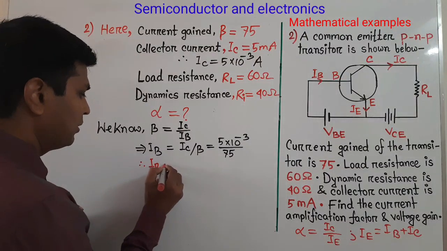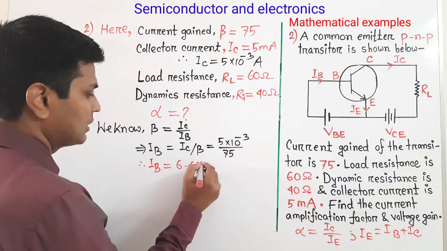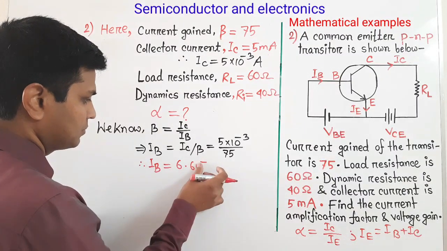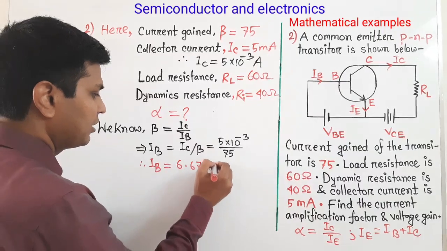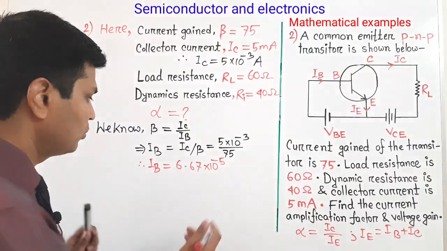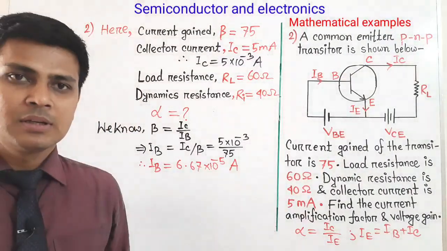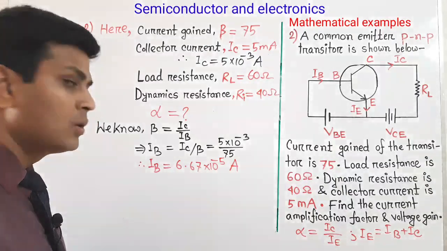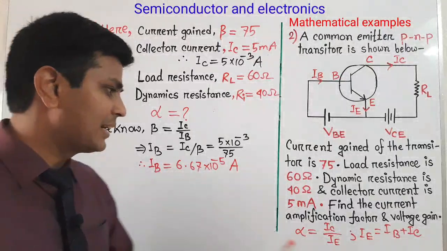The result of IB will be 6.607 into 10 to the power minus 5, and its unit will be ampere.